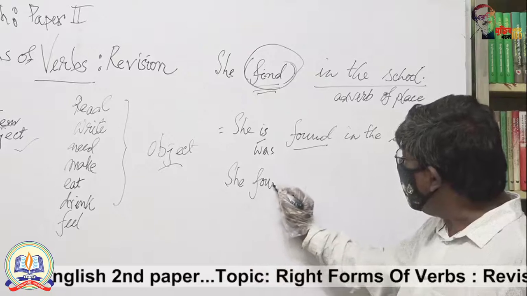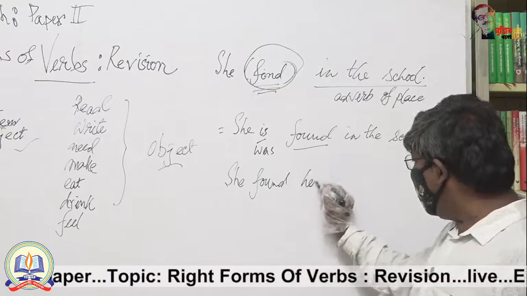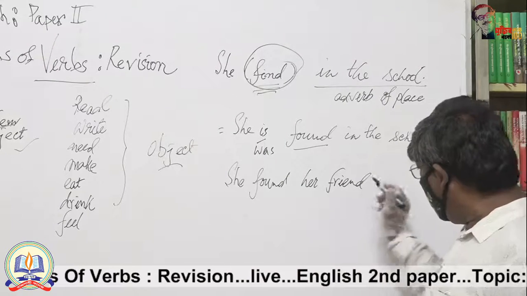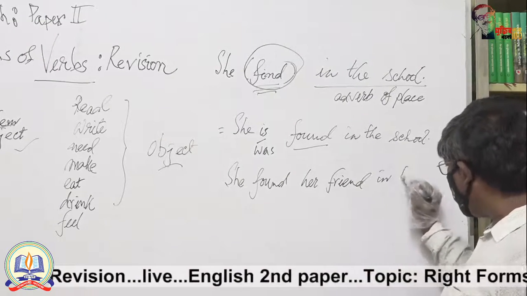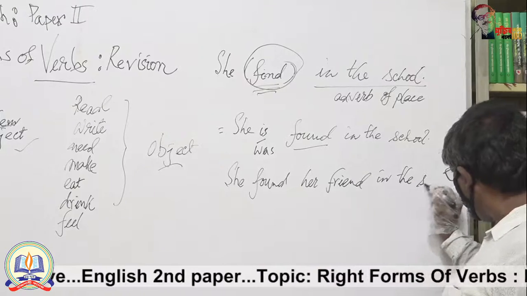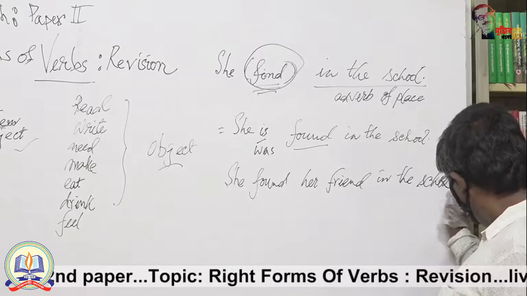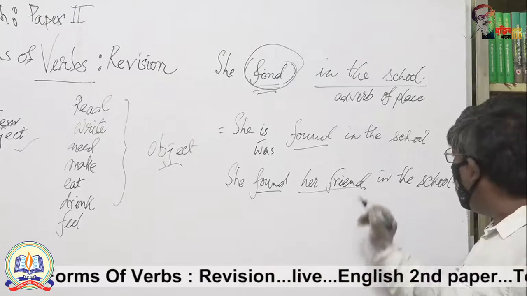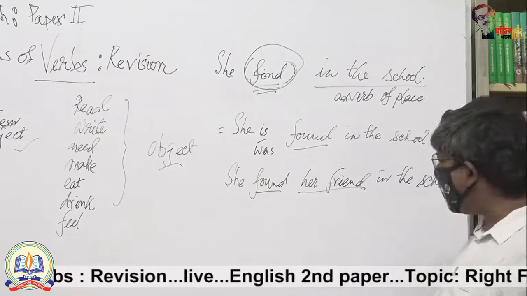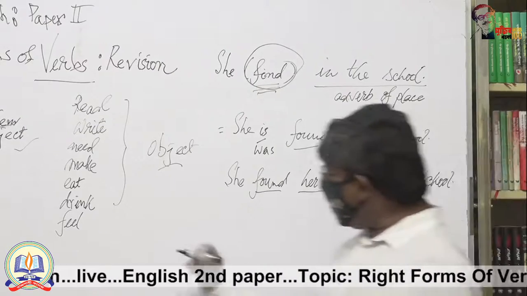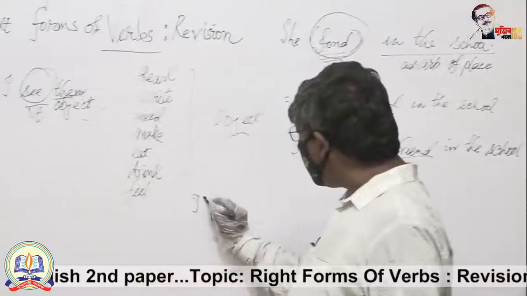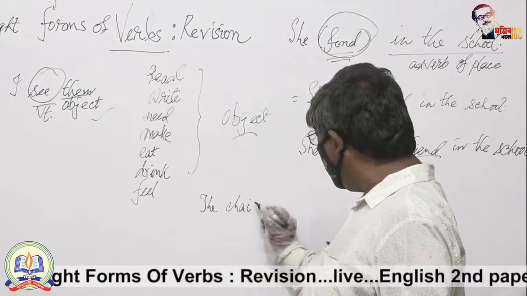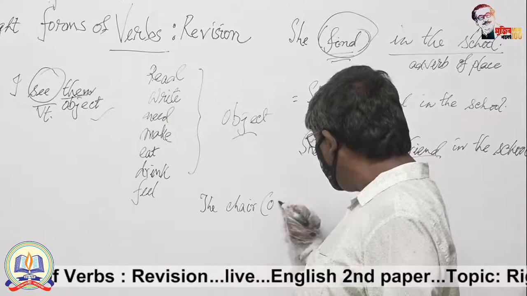She found her friend in the school. And thus, you see, after the verb find, we have an object, her friend. But again, the chair occupy.